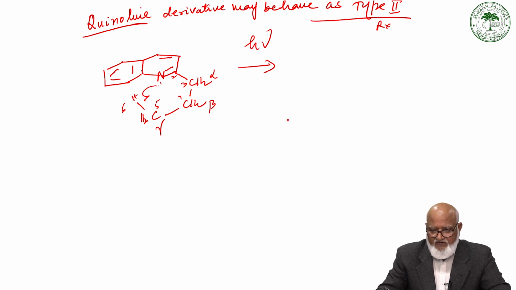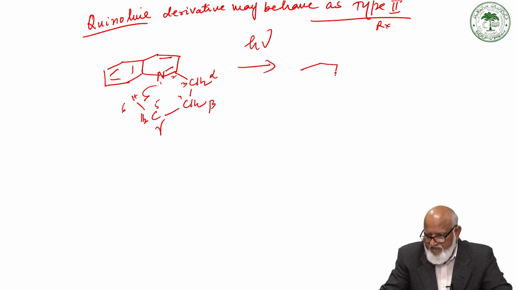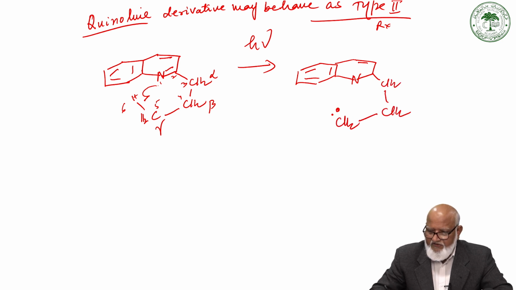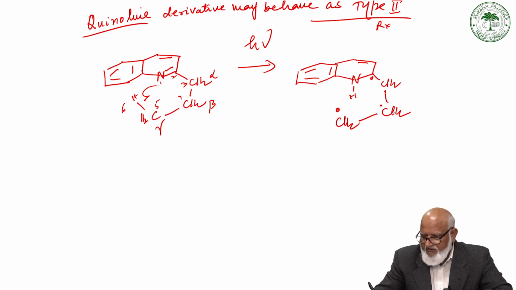It is excited under photolytic condition and abstracts this hydrogen to generate a diradical species like this, with CH2 and CH2 radical. After the abstraction of the gamma hydrogen, we have an H here, which is abstracted from this. We have a diradical here: 1, 2, 3, 4, a 1,4 diradical.